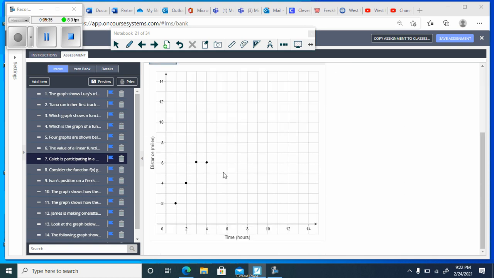It's going to be a total of 8 hours. For each hour he goes over, he goes up 1 mile, right? Over, up 1 mile, over, up 1 mile, over, up 1 mile. There we go. There's our function.